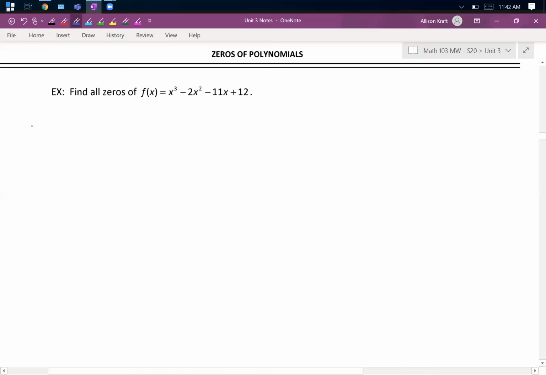Our list of possible rational zeros. We're going to take the factors of the constant and divide it by the factors of the leading coefficient. We know that everything's going to be a plus or minus. So let's start with the factors of our constant, 12.